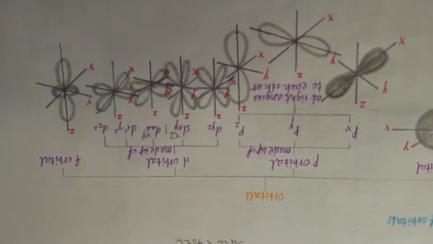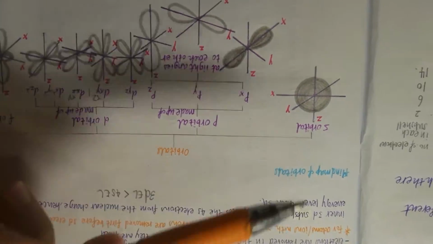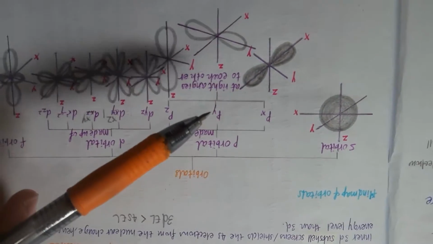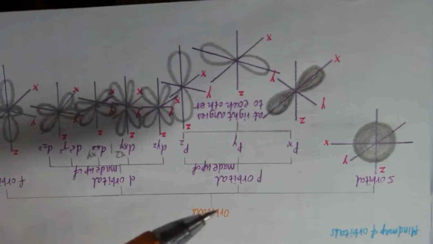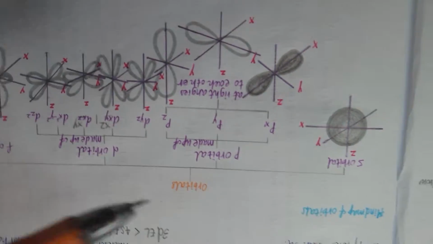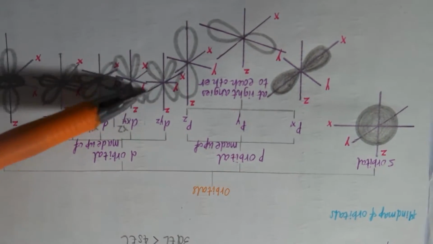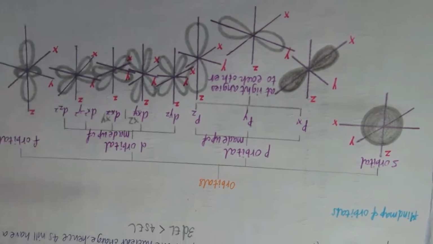Okay, so now for the orbitals, s, p, d, f, they will have this shape. The s orbital will have a spherical shape, and the x, y, z of the p orbitals will be dumbbell shaped, and the d orbital will have 2 dumbbells, shaped like a clover, and the respective axis is very easy.